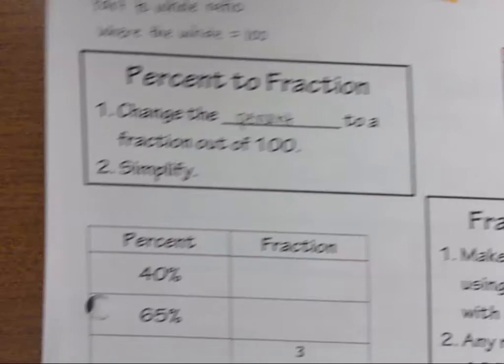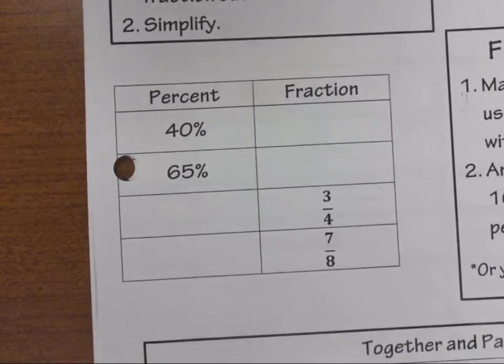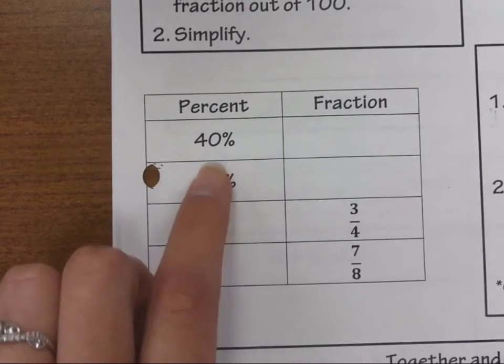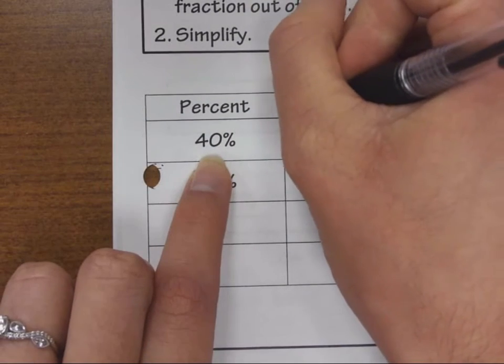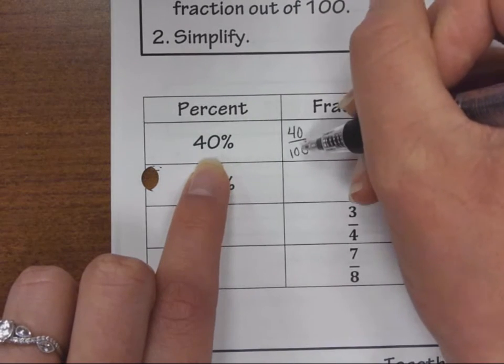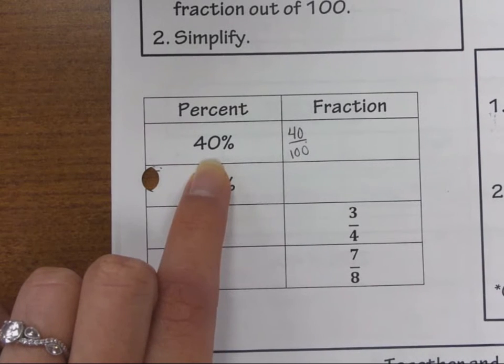Let's look at a couple more examples of that, since I kind of explained that out of order. So percent, all we're doing is we're writing this same number over 100. 40 over 100, because I had 40 percent, okay? 40 per 100. Now I want to simplify that fraction.